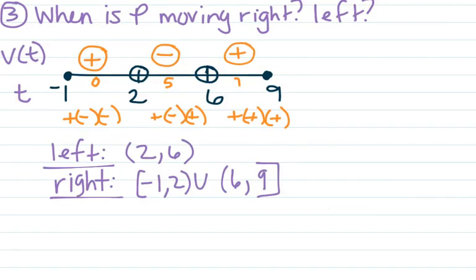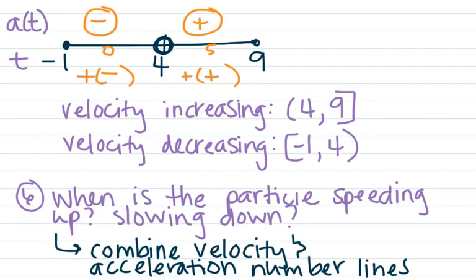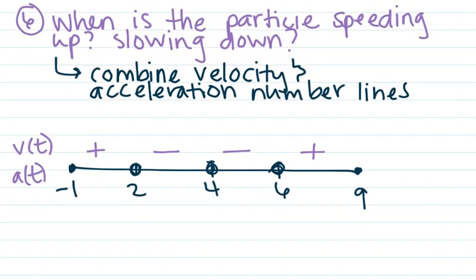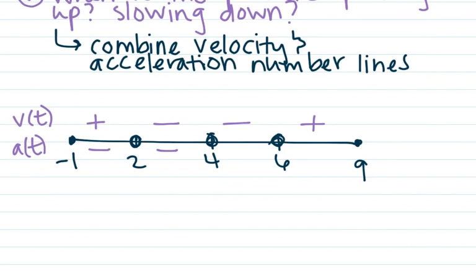And then for the last one, it was positive from 6 to 9. Okay. For acceleration, it was negative all the way from -1 to 4. So here and here. And then everywhere after 4, it was positive. Positive, positive.